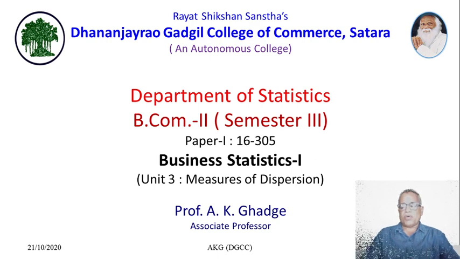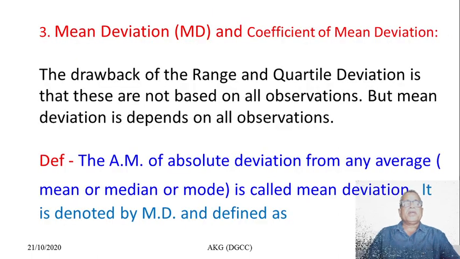And in case of the quartile deviation, we know that quartile deviation is Q3 minus Q1 divided by 2, which means here again we ignore the first 25% of data and the last 25% of data. We do not consider these two end portions in the calculation of the quartile deviation.